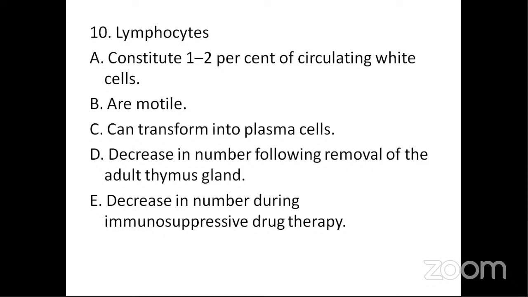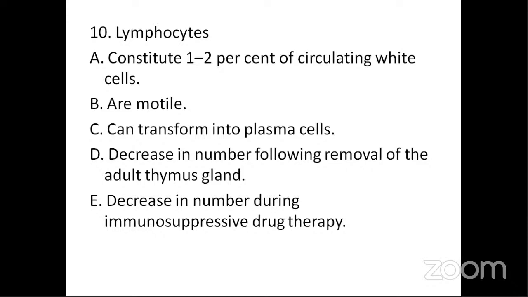And third option, they can transform into plasma cells. Yes, it is true. As plasma cells, they manufacture humoral antibodies. Then decrease in number following removal of the adult thymus gland. It is false because the thymus is atrophied and has little function in the adult.